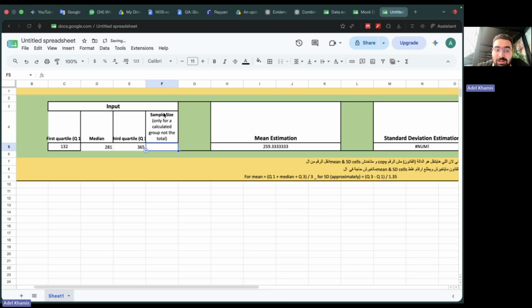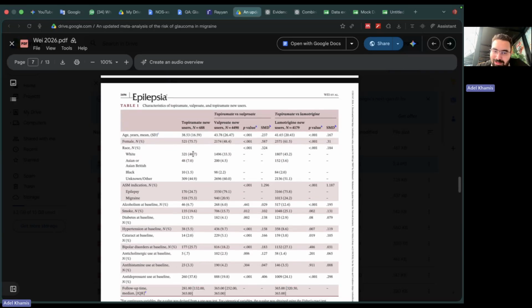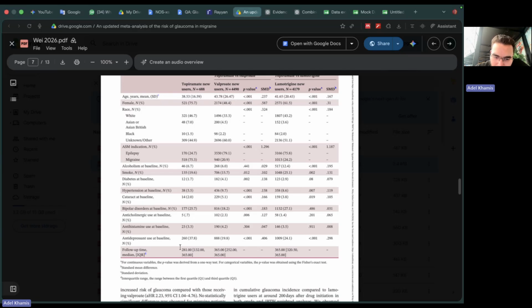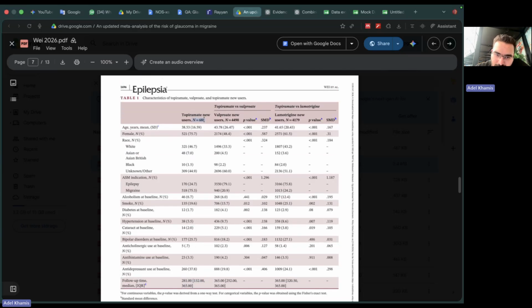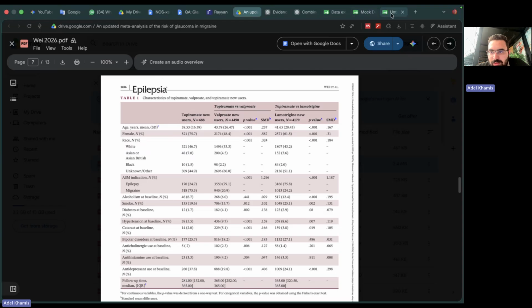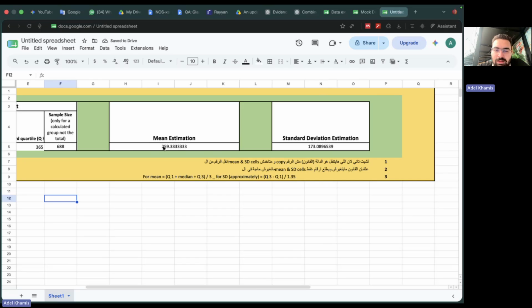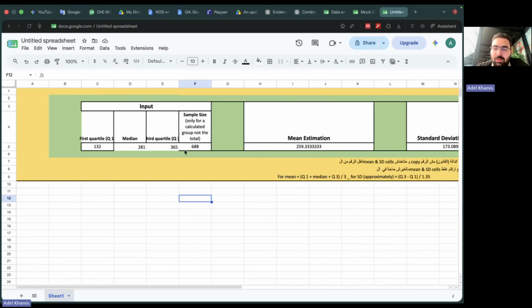And we need the sample size for these values, not the total number of the study. We took these median and interquartile range, and this was the sample size for them, 688 people. So we will put 688 in the spreadsheet.